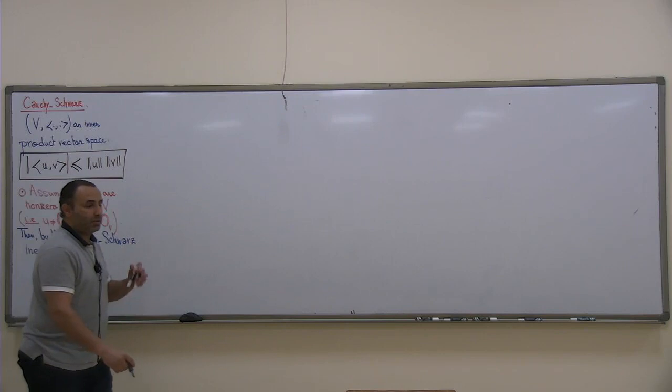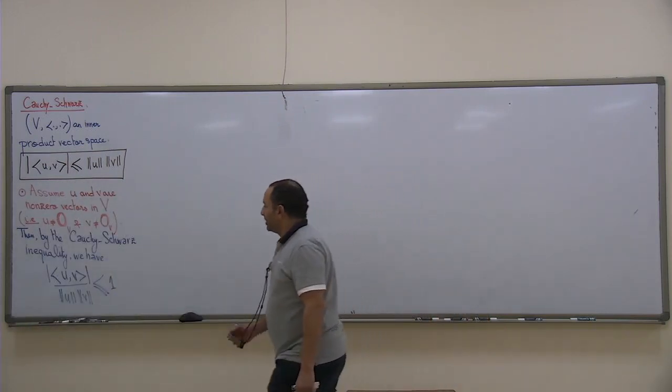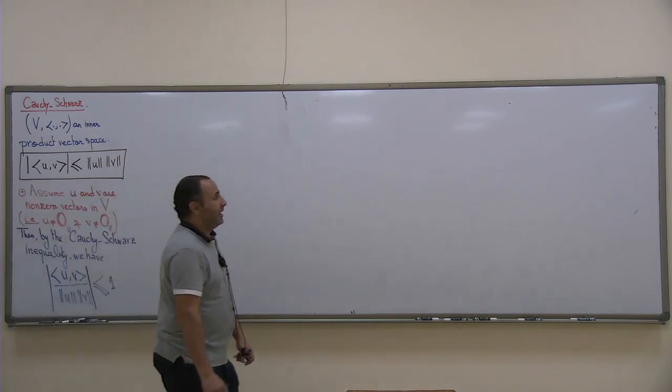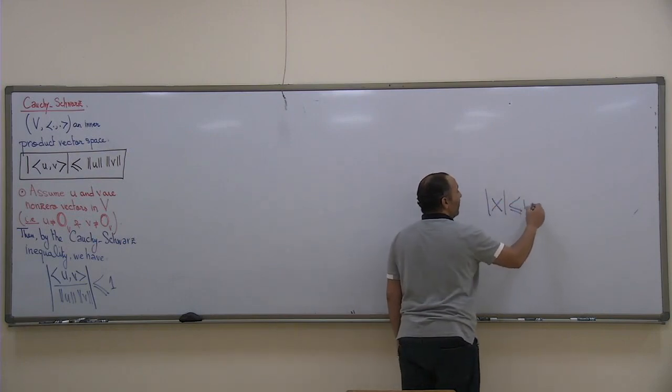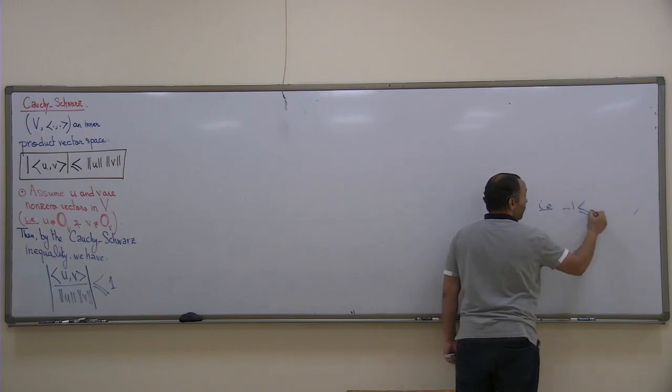Okay? So now the norm is always positive. So I can extend this absolute value to the whole thing. And I say the absolute value of the inner product UV divided by norm of U, norm of V is less or equal to 1. Now in calculus 1, you know, if I have absolute value of x less or equal to 1, this is equivalent to say x is between -1 and 1.